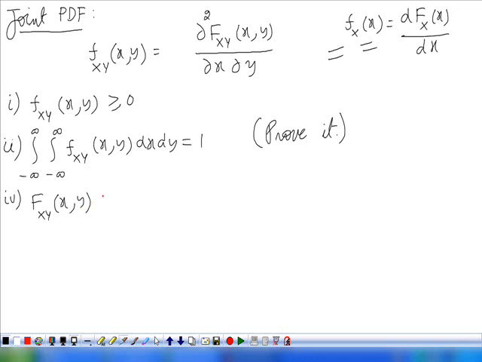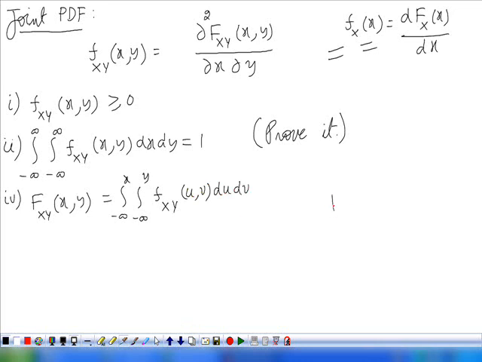Definitely the running integral of the PDF is the joint CDF. That can be written as integral minus infinity to x, integral minus infinity to y of fxy, where we use some dummy variables u, v, du dv.